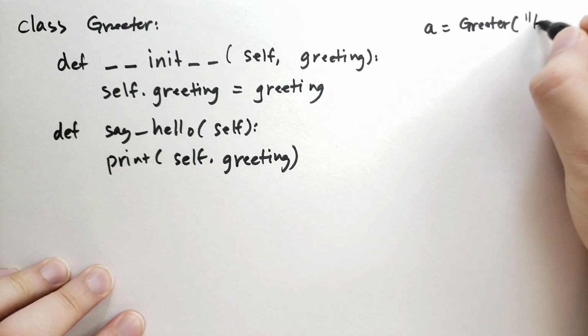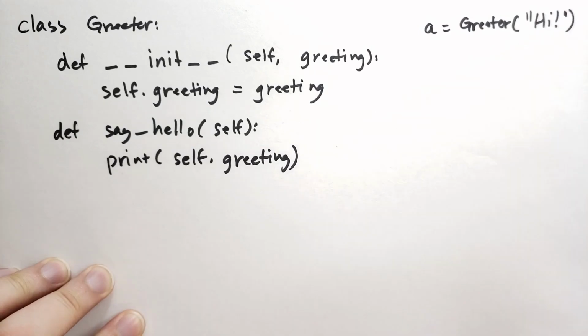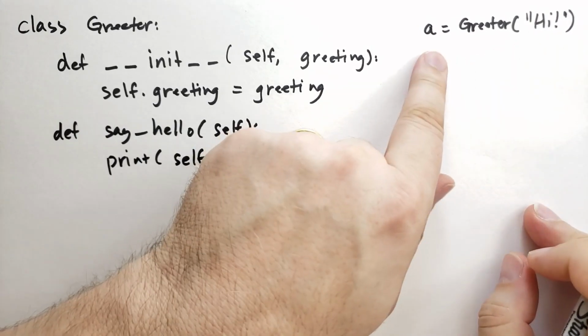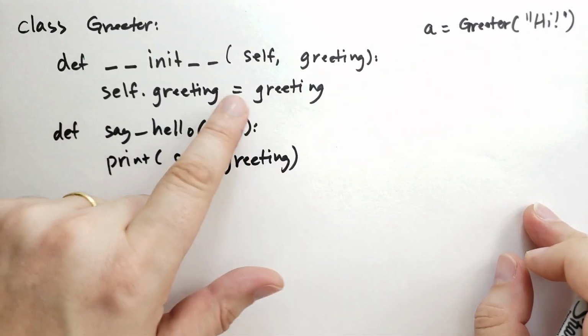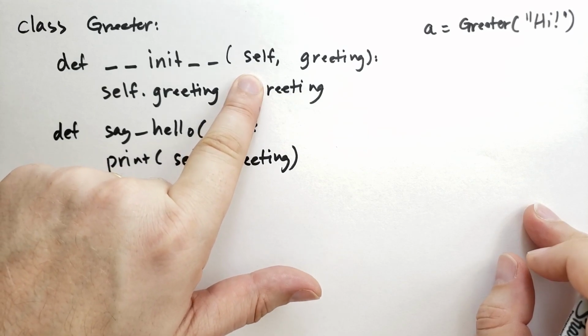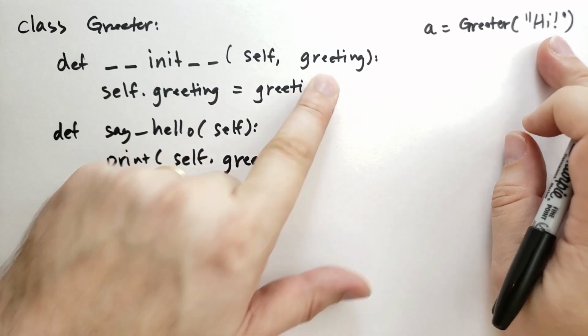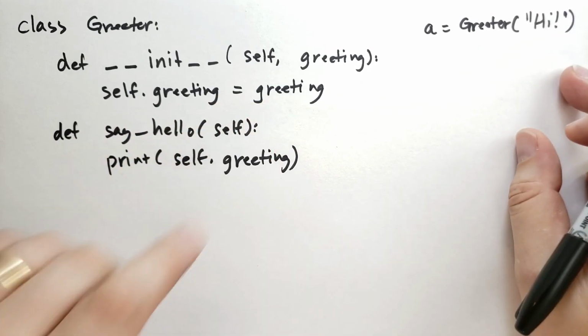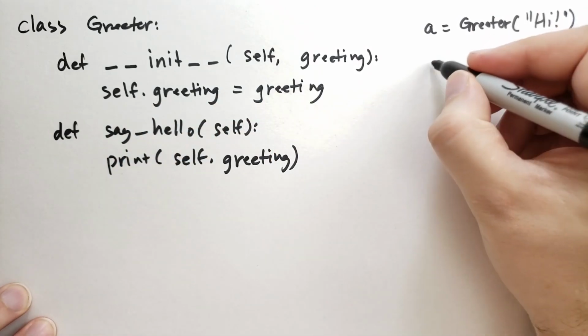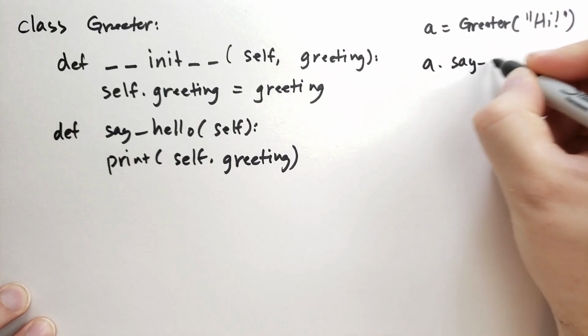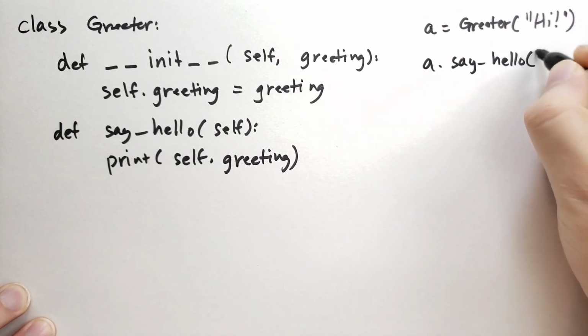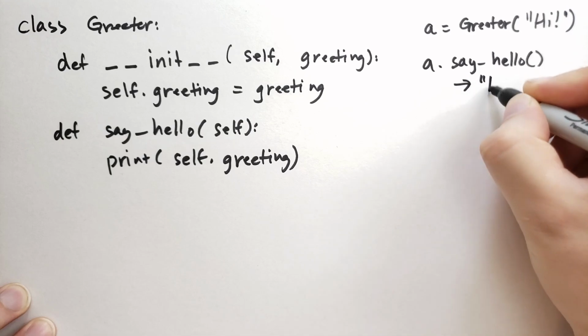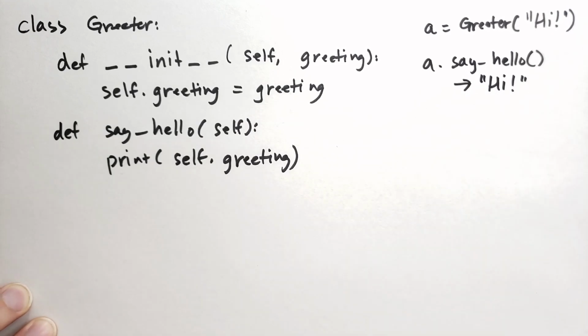So we're going to specify hi. And so this new thing that we're creating is going to be self. Greeting is hi. And so that new thing's greeting attribute is going to be set to greeting. And so when I say a.say_hello, it is going to print hi. That's basically what's going on there.